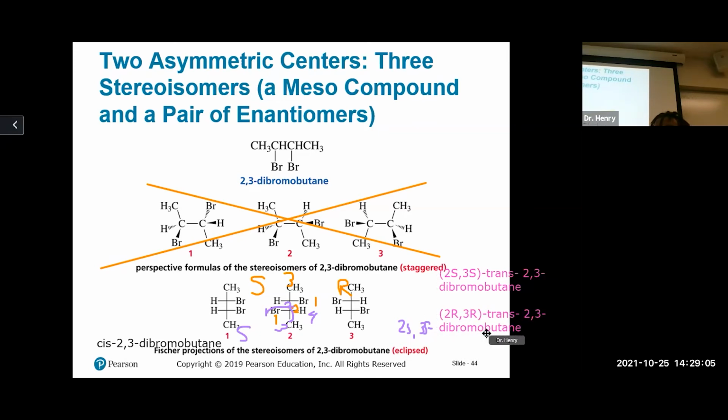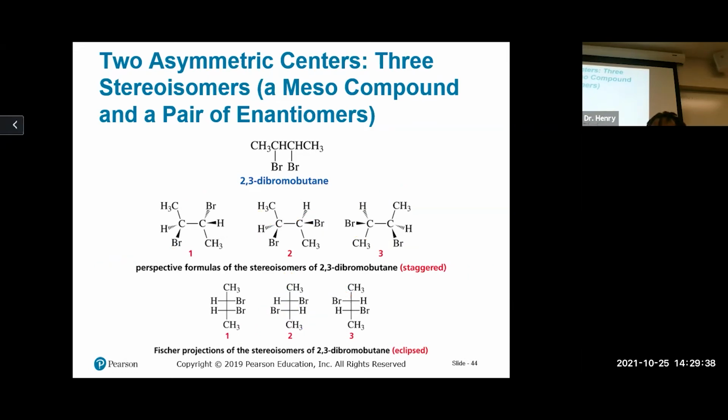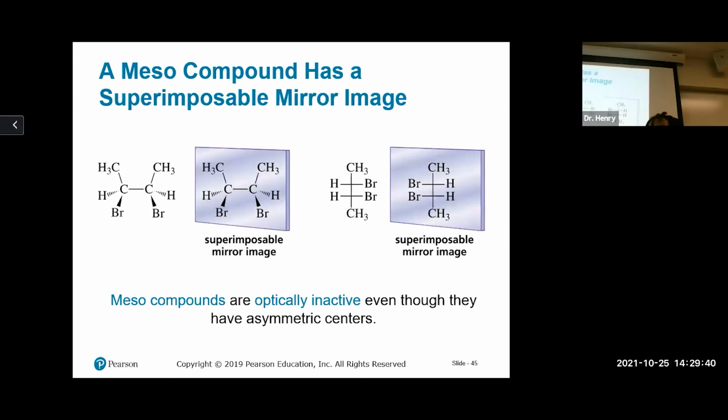Okay. Are you guys with me? So let's move forward. The S's and the R's need to be in parentheses.